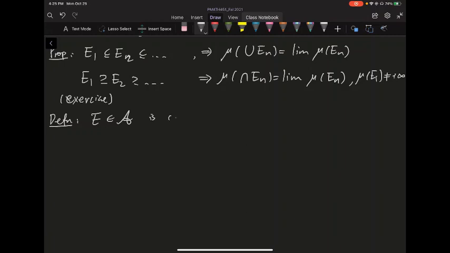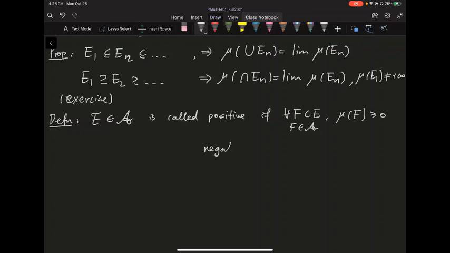I call this E a positive set if the following happens: for every subset F of this E, mu of this subset is non-negative. Of course, F is inside the sigma algebra.